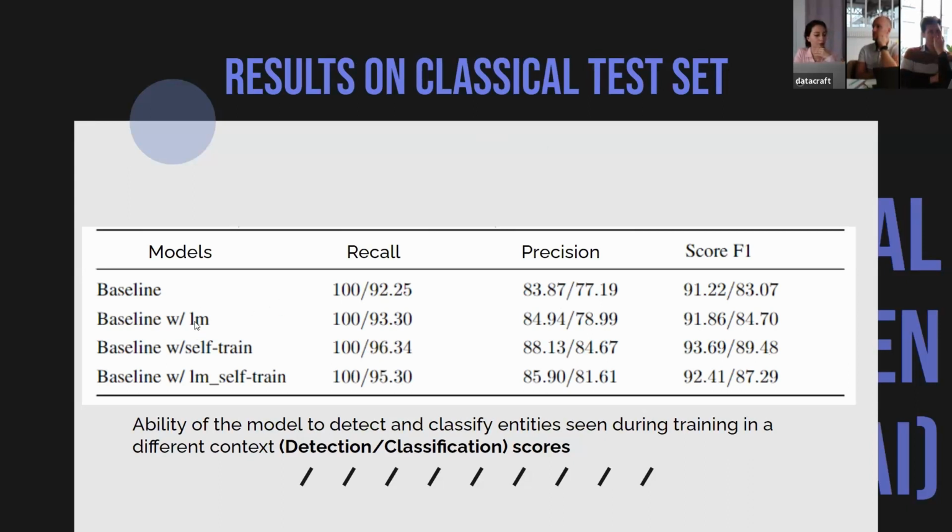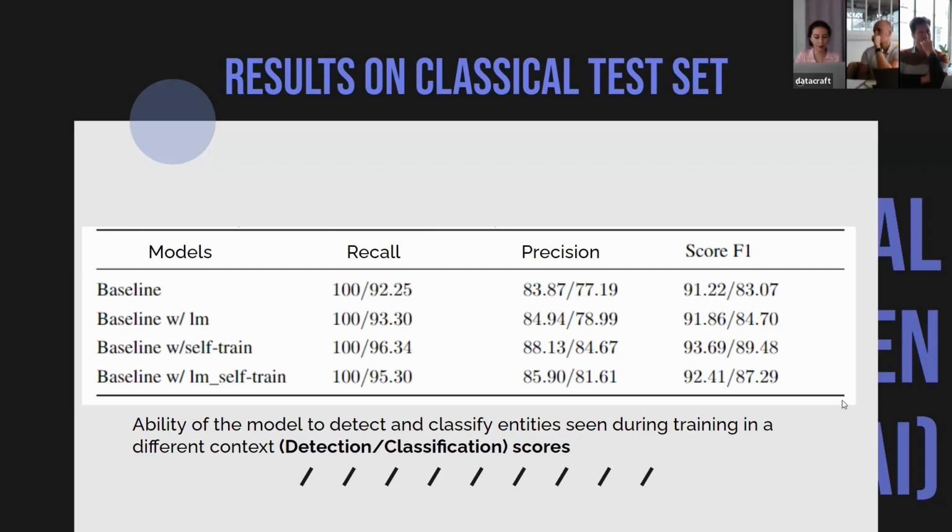The use of language model pre-training also brings an increase in recall and precision, but the combination of both gives a small drop in precision compared to self-training, which may be explained by the fact that combining language model pre-training and self-training can lead to overfitting on the training set. So these two methods are better used separately than combined together.